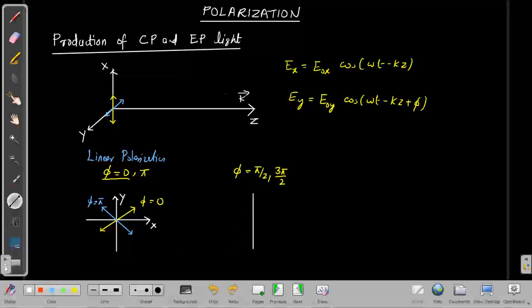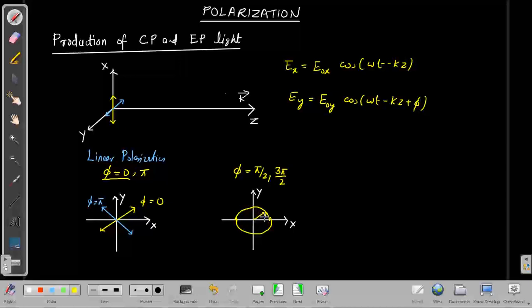Again I can draw the x and y direction here. This is your x and y. The light is coming towards you. If the light is coming towards you, then the tip of the electric field vector would rotate while it comes towards you.